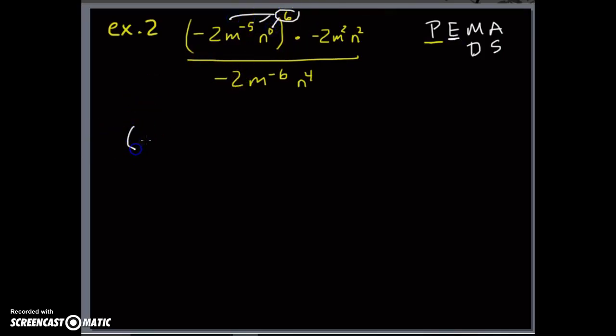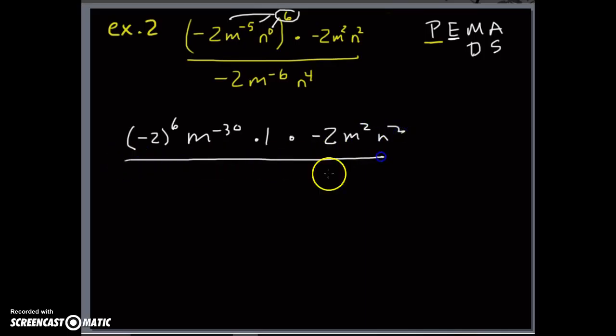So what we get is a negative 2 to the 6th power, m to the negative 30th power, and n to the 0 power is 1, so we can go ahead and just write it as 1, because 0 times 6 is 0. I should have just gone through and made all of those 0 powers 1s at the beginning, but I forgot. That's being multiplied to the rest of this, and that's all being divided.